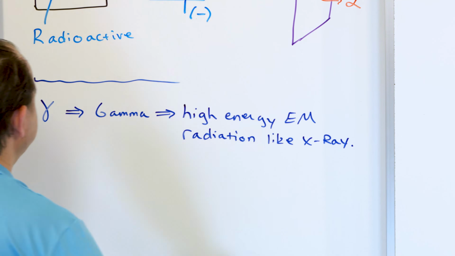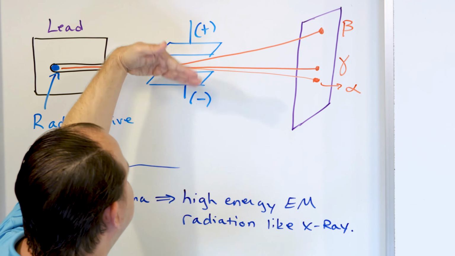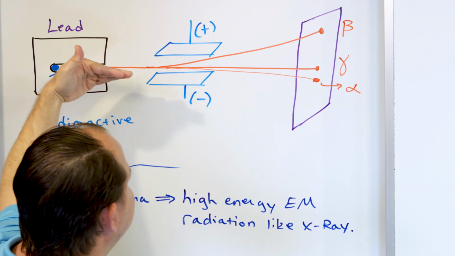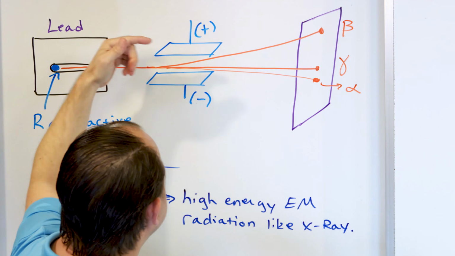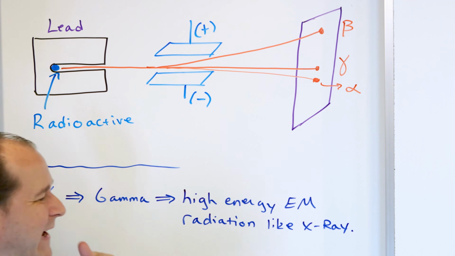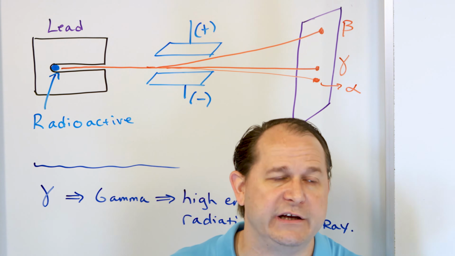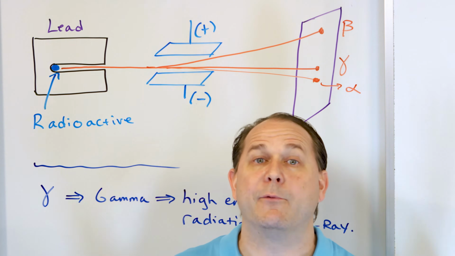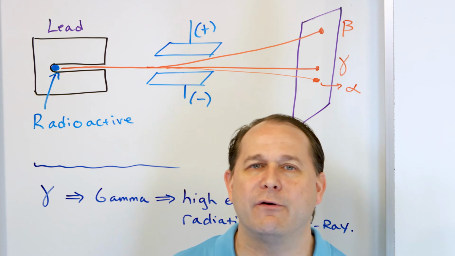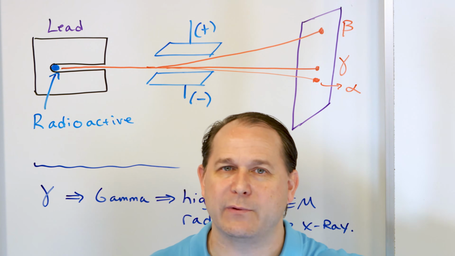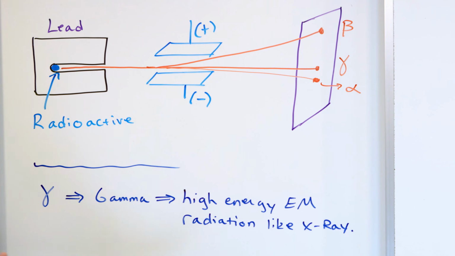Okay, so that's what the gamma is, and that's why it's not deflected by the plates, because it doesn't have any charge. It's just an electromagnetic wave that travels, and it comes out, part of the radioactive decay of uranium and other substances can yield gamma particles or gamma waves or gamma rays, however you want to refer to them, but it's electromagnetic radiation, and so it doesn't have a charge to it.